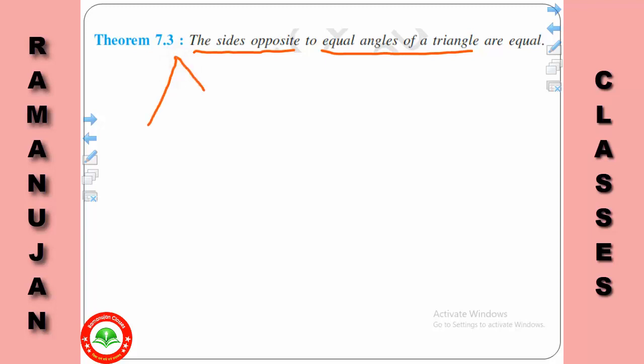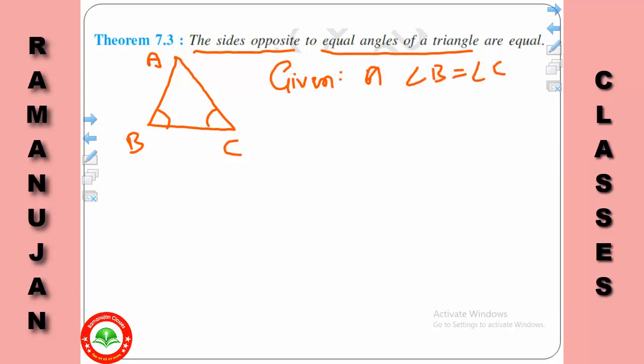So we have a triangle ABC. We have angle B and angle C equal. It is given: angle B is equal to angle C. We have to prove AB equal to AC.